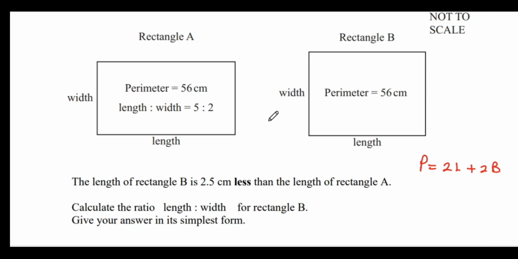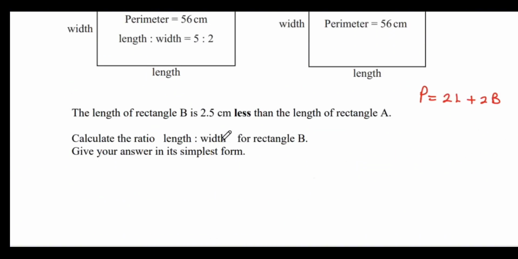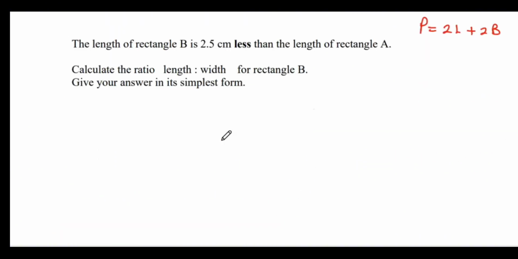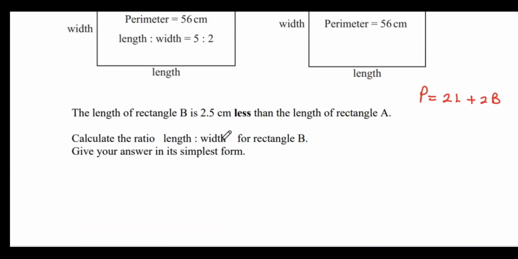So we are going to use that to find the value of our length and breadth. With the ratio given to us, 5:2, we can say 5 plus 2 will give us 7. So 56 divided by 7 will give us 8. So the total value of the length, which is 2L, is equal to 5 times 8.